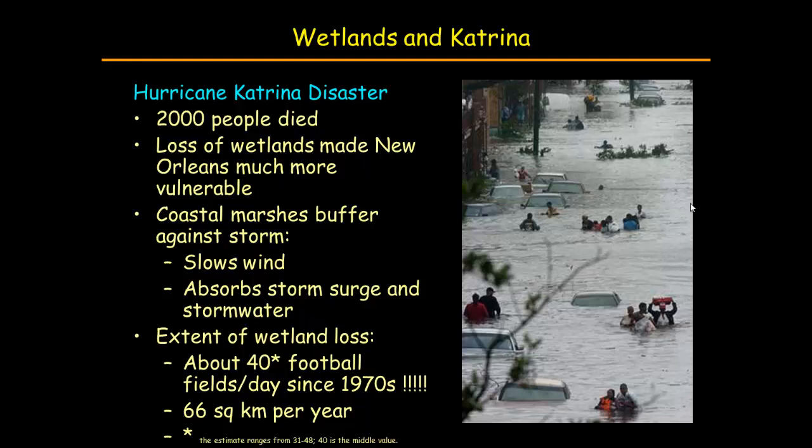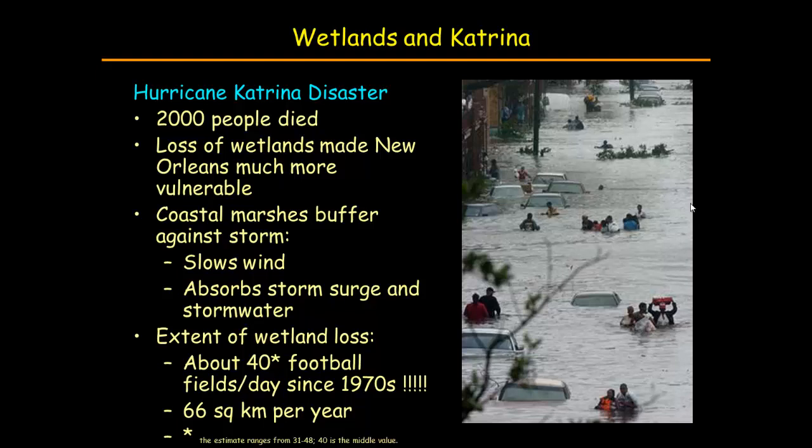And the reason New Orleans got hit by so much water has to do with several factors. One of them is that there has been so much loss of the marshlands to the south of New Orleans. Had the marshlands been healthy and intact and at their full extent, they would have absorbed a lot of water that didn't come roaring up the river and flooding into New Orleans.